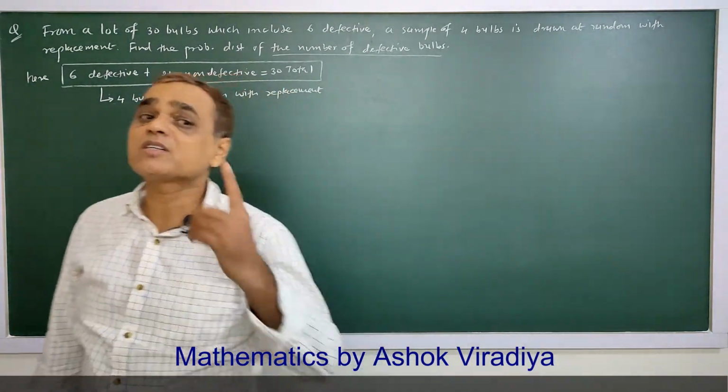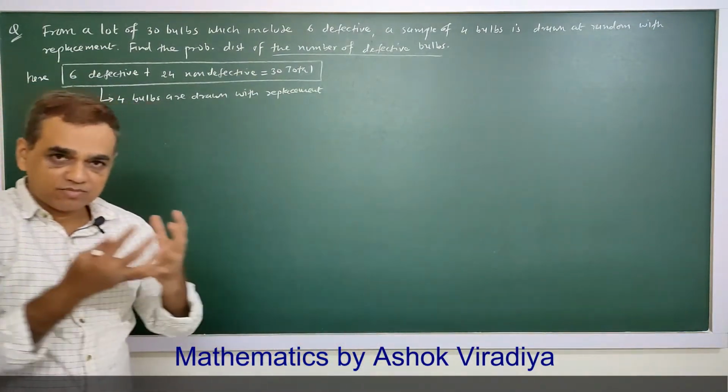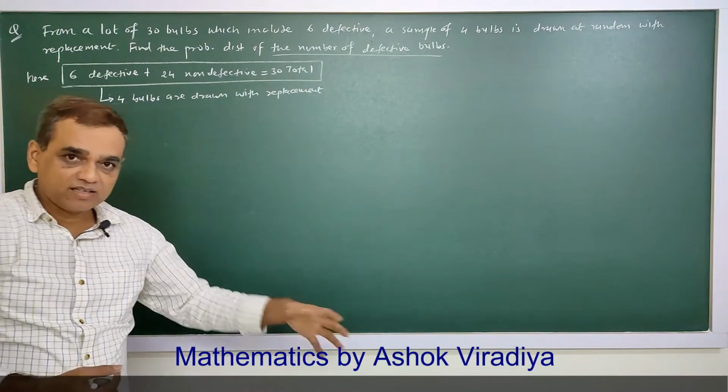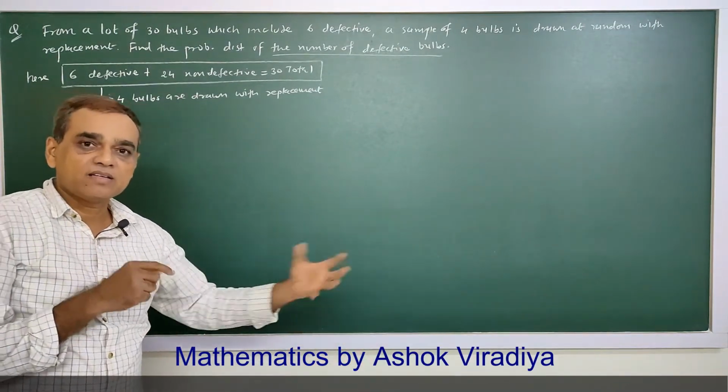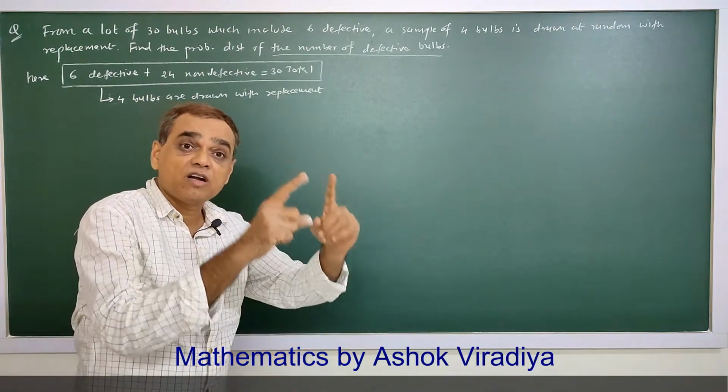In every question, understand the experiment. We are not asked to take 4 bulbs at a time. Take 1 bulb, put it back. Then take the second bulb, put it back. Then take the third bulb and note down the result, whether it is defective or non-defective.